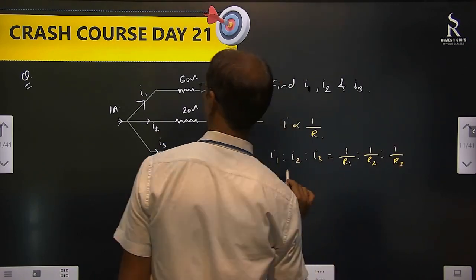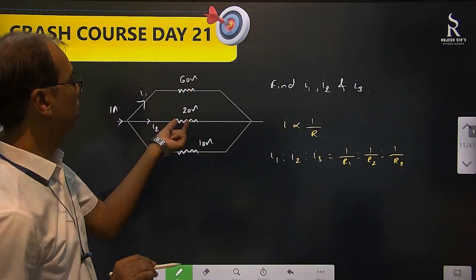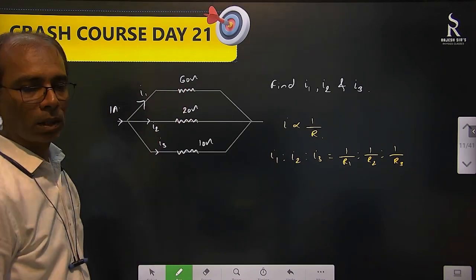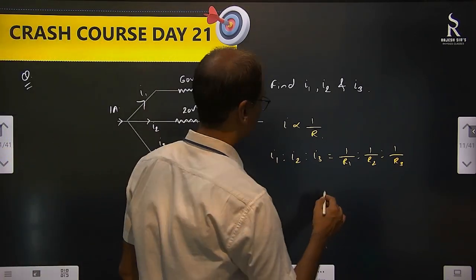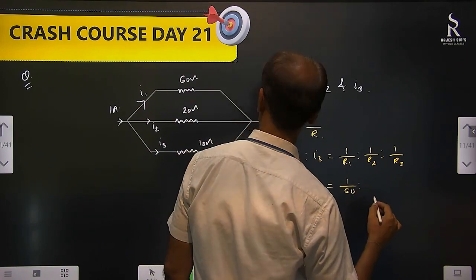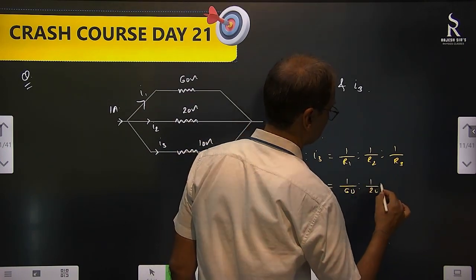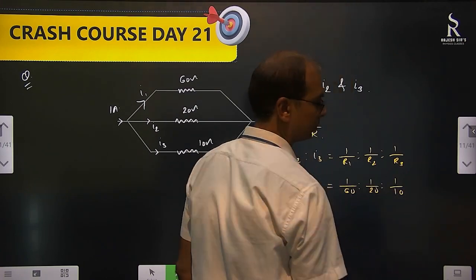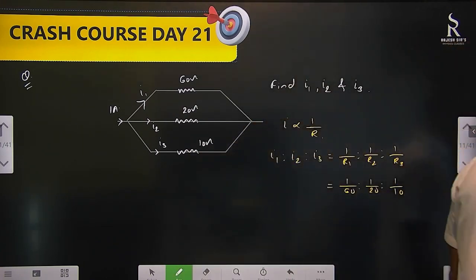Now we have to decide R1, R2, R3. So R1 is 60. So 1 by 60 is to 1 by 20 is to 1 by 10.